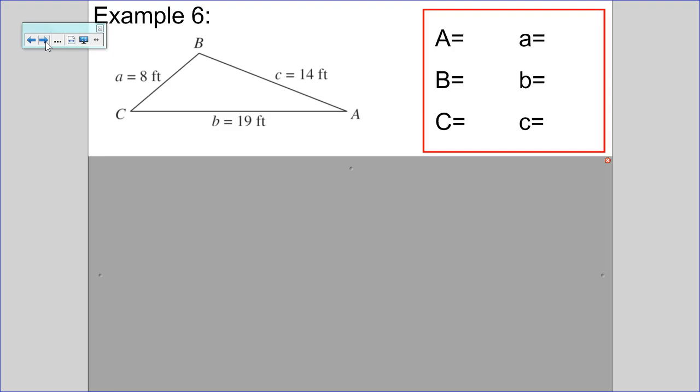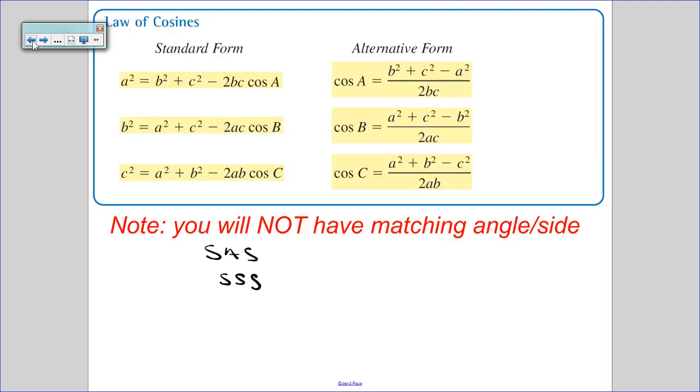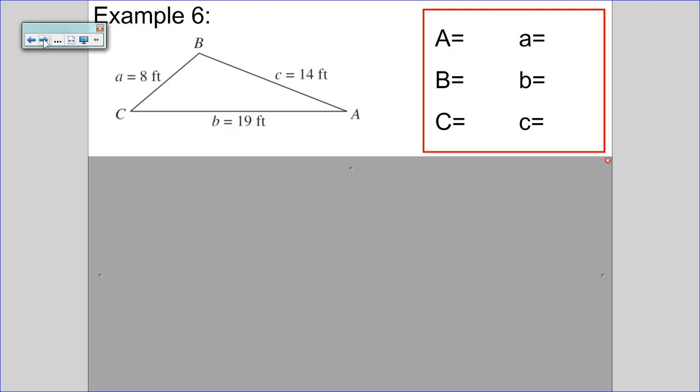So in this one, I see that I have 8, 14, and 19. We're going to choose to use the one that emphasizes the largest side. So we're going to choose this one because our largest side is B. Now, it's not that using the other ones would give you the wrong answer.